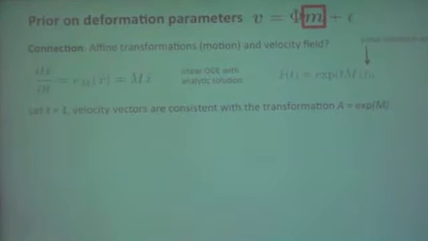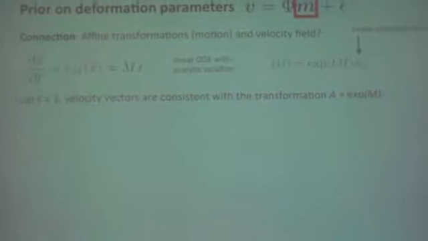And we can compute a diffeomorphic deformation from an arbitrary matrix M through the matrix exponential that you see here. And this gives us final deformations between a template and a patient. And what we're doing is modeling this arbitrary matrix, which is essentially the Lie algebraic representation of the affine group of transformations.